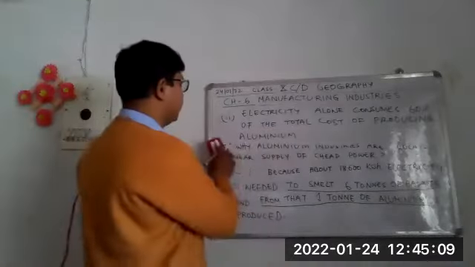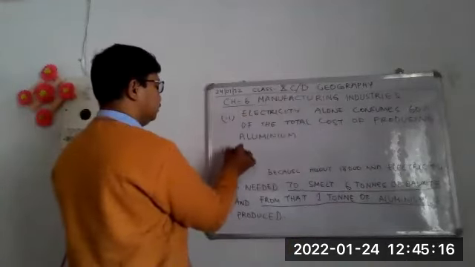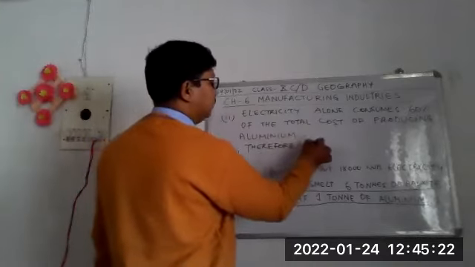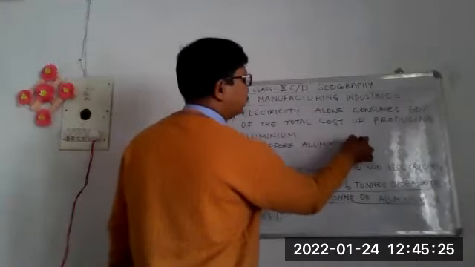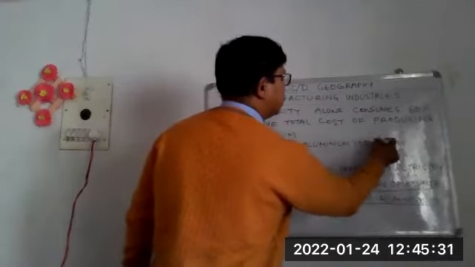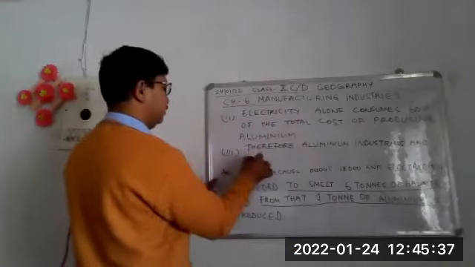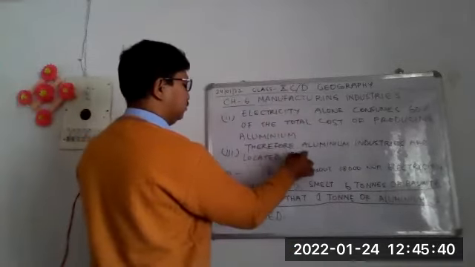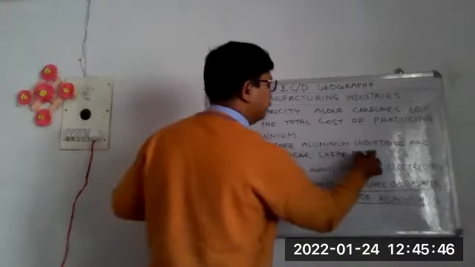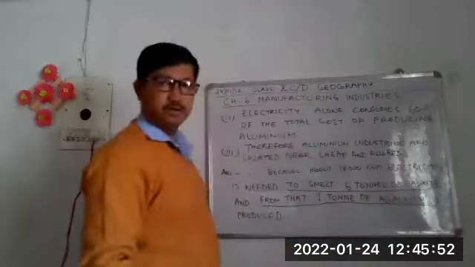Number 3: therefore, aluminium industries are located near cheap and assured power supply.